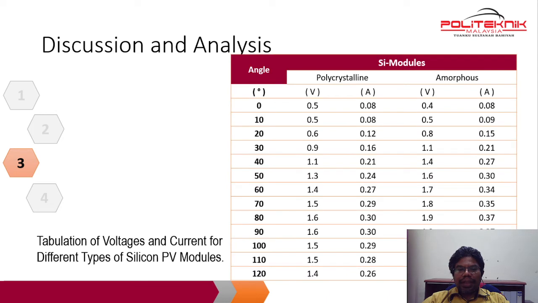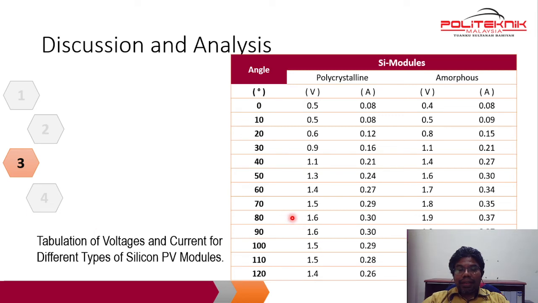So the data is tabulated in the table. As you can see here, the left column is the angle, which is our variable, our x-axis, and the other variables are voltage and current. As you can see, both types show an increment for both voltage and current until lastly at 90 degrees.